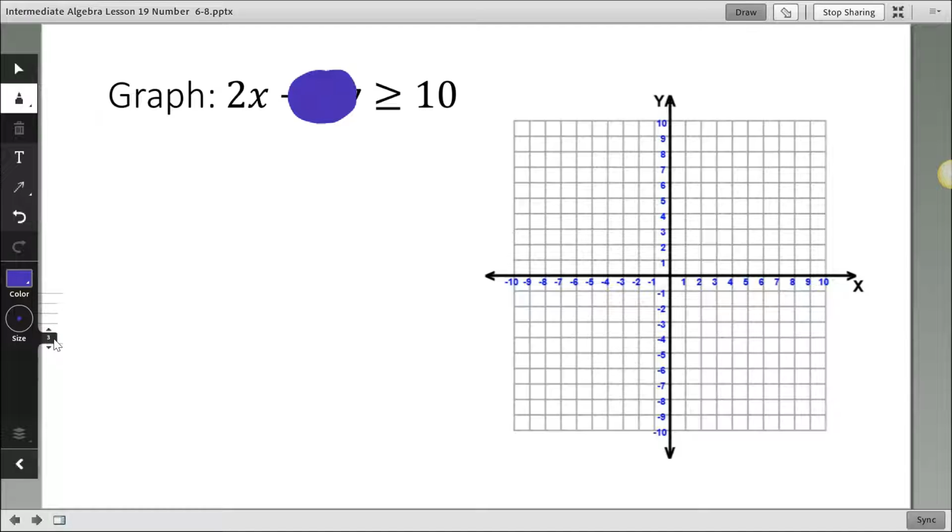I'm going to take 2x equals 10. I'm going to divide by 2 to get x equals 5. So that is my x-intercept. So I'm going to plot a point on x at 5.